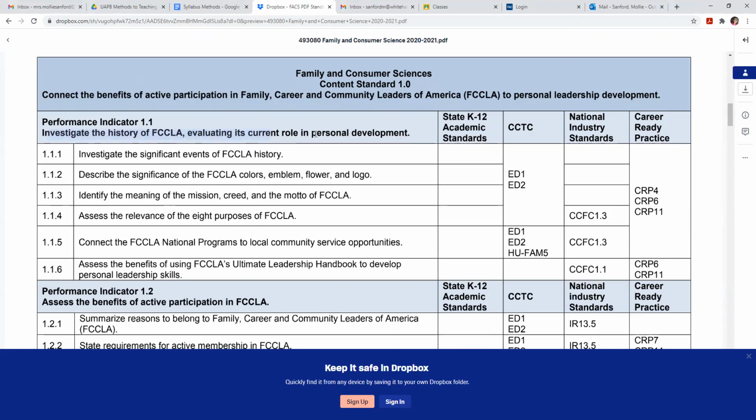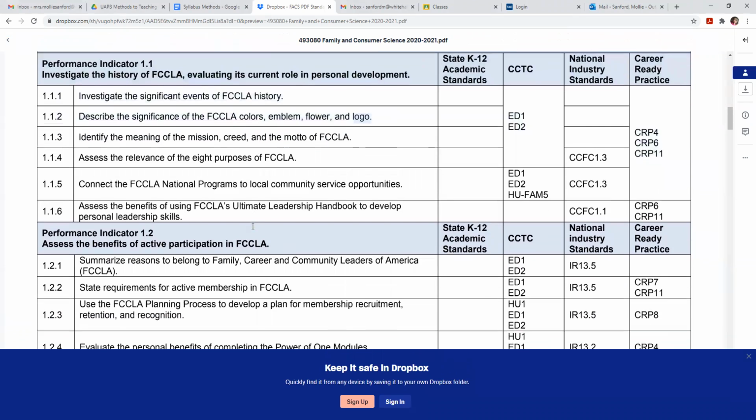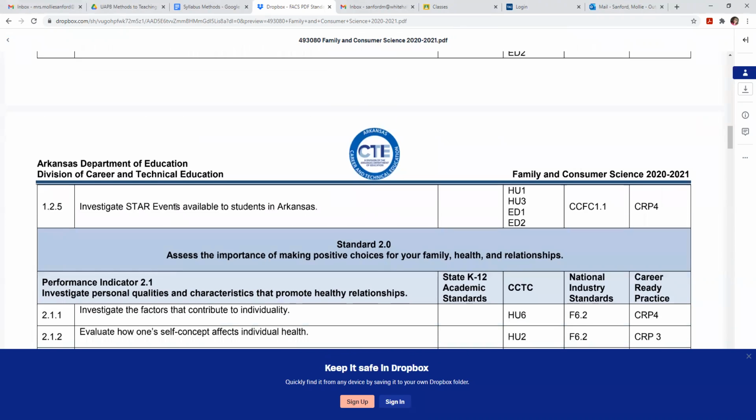First, they will investigate history of FCCLA, evaluating its current role in personal development. So you would go over the history of FCCLA, when it was established, all the history of it, significant advances in the history of FCCLA, the colors, red and white, the emblem, what's our flower, what's the logo look like, and you would go through all this, more about FCCLA.